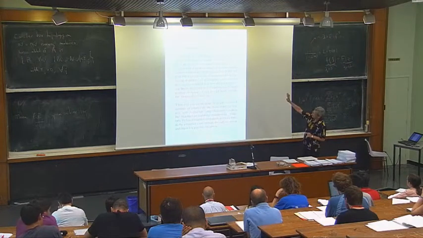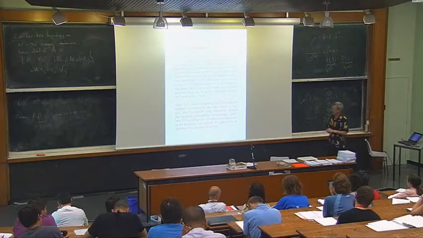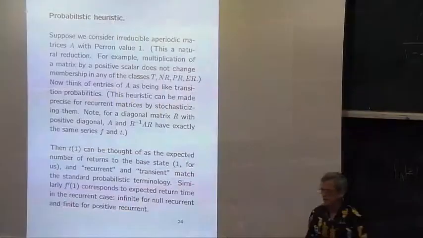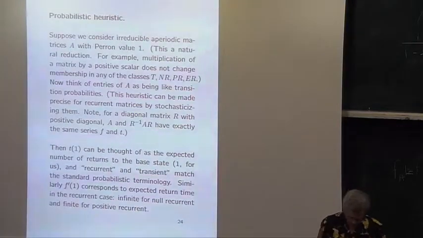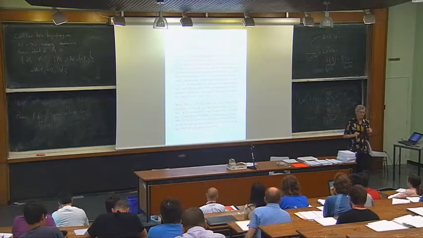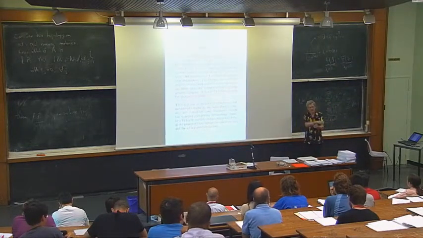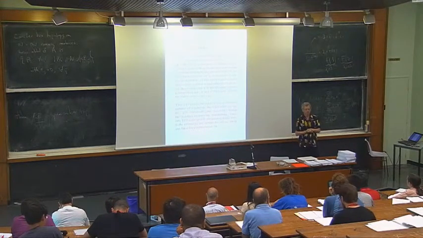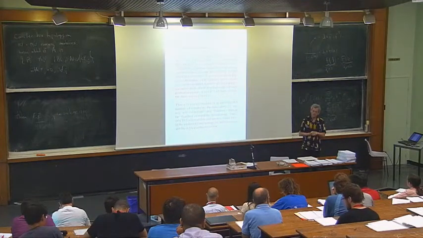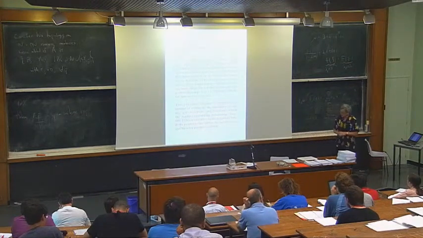Okay, now for tangent, this is more heuristic. If we take a tangent matrix and we multiply it by 1 over its Perron value, so we have a matrix with Perron value 1. Well, if we think of the entries of that matrix as being like the entries of a stochastic matrix, well, then transience means that the expected number of returns is finite.